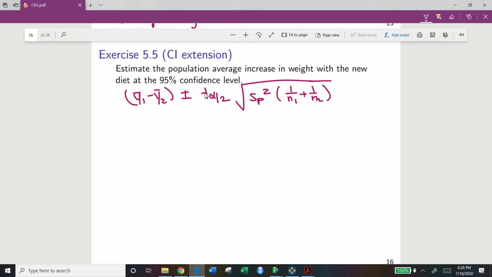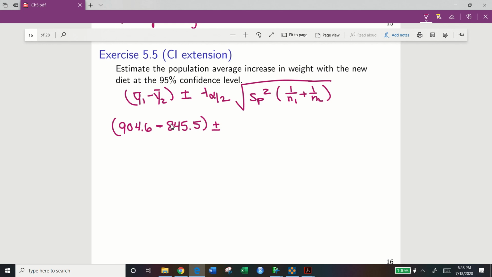From our previous slides, we know that we've got 904.6 minus 845.5 plus or minus our T alpha over 2.